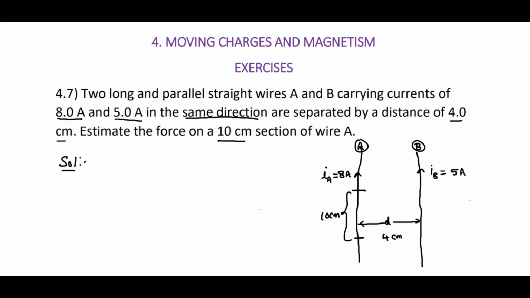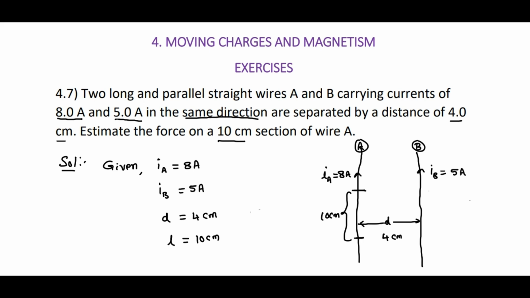Okay, the given values: I passing through A is 8 ampere, I passing through B is 5 ampere, separation between them is 4 centimeter and length on which the force has to be acted is 10 centimeter.